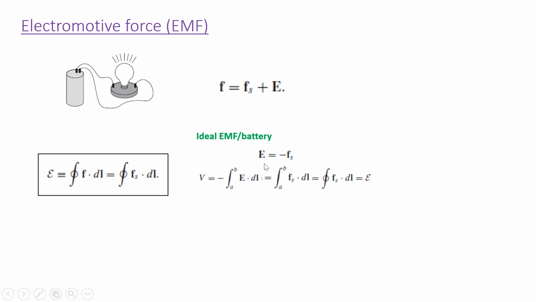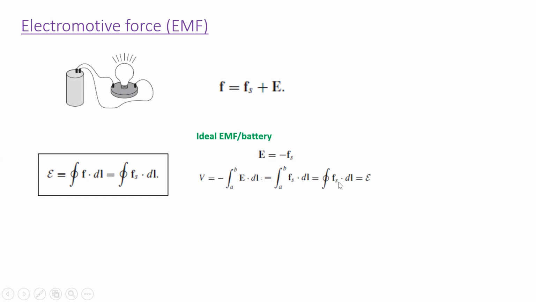But then we can extend that because we know that outside of the battery, there's no force from the source since we're outside the source. So we can extend that integral from just A to B to over the entire circuit, since the rest of the circuit doesn't contribute anything.